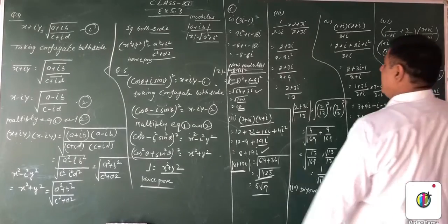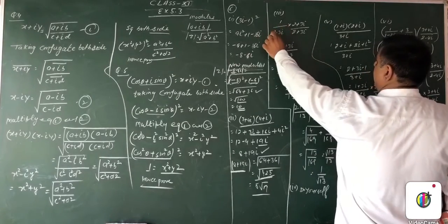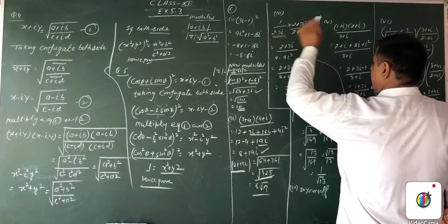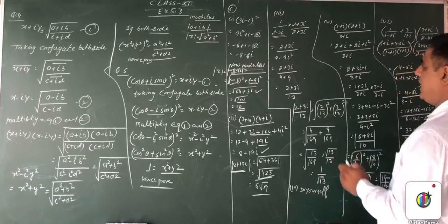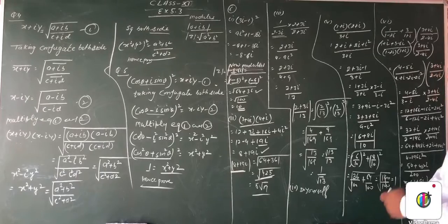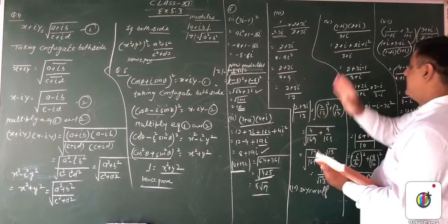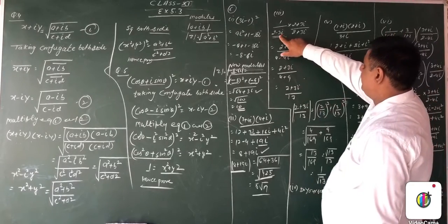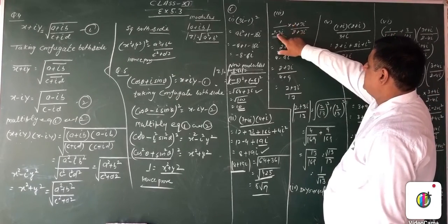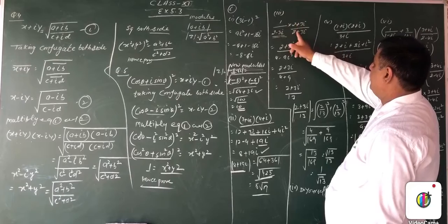In the third part, it is given 1 by 2 minus 3 iota. We have already told you, if the iota term is in the denominator, then we rationalize the denominator. So now we multiply by its conjugate: change the sign of the imaginary part, keep the rest as it is. This negative changes to positive, 2 plus 3 iota.